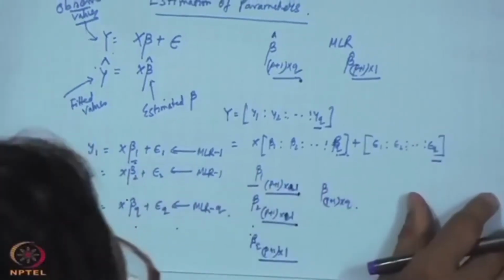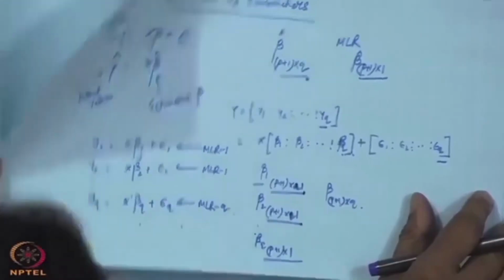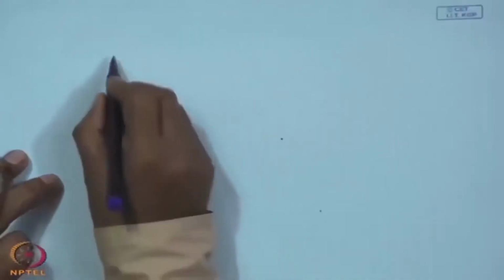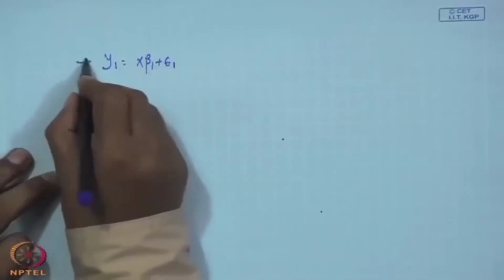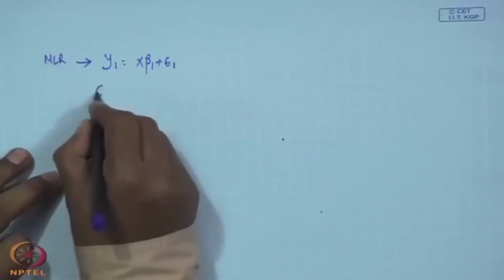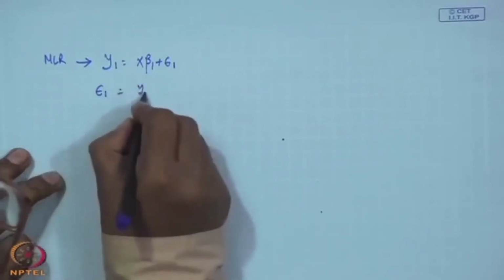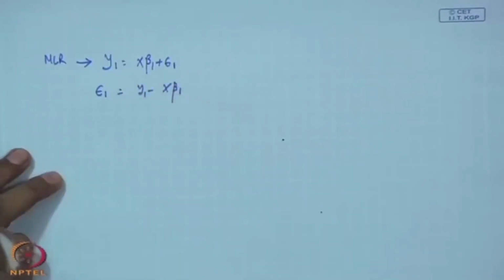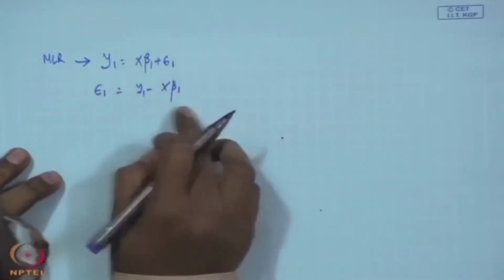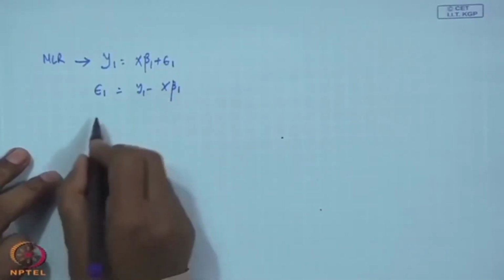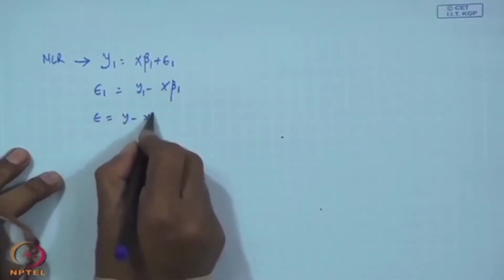So what is the procedure in MLR? Suppose we have one y variable and we first estimate the error term. For example, y1 equal to x beta 1 plus epsilon 1, one MLR: you first find epsilon 1, that is y1 minus x beta 1. If I forget about the subscript 1, because we are talking about only one variable in this case, the general term is y minus x beta.